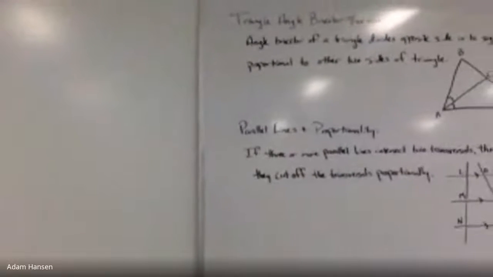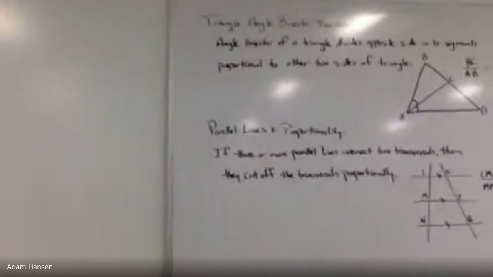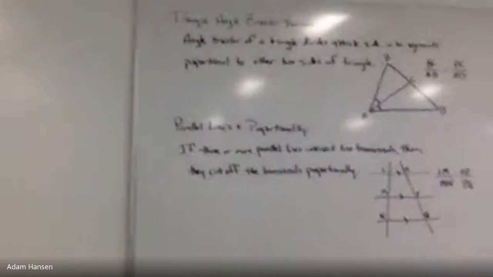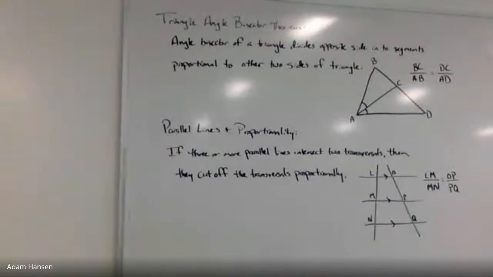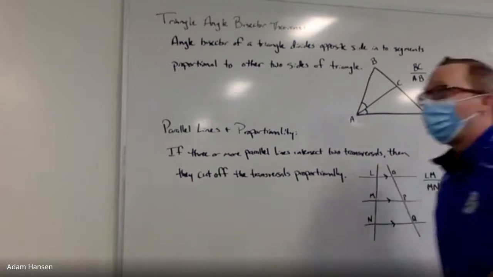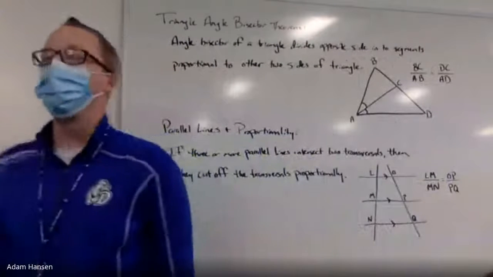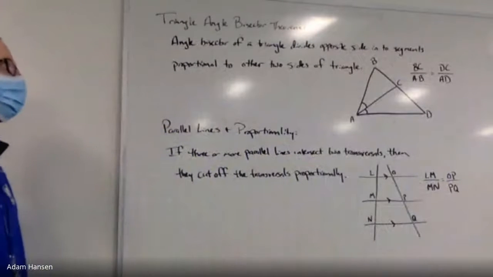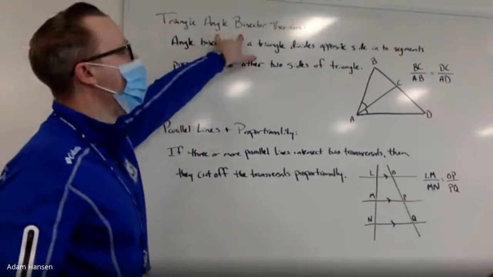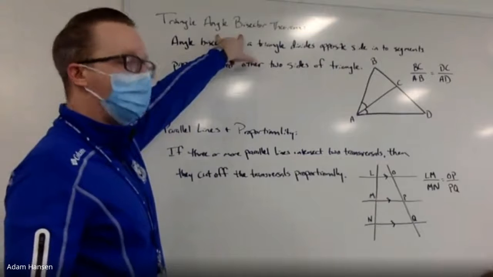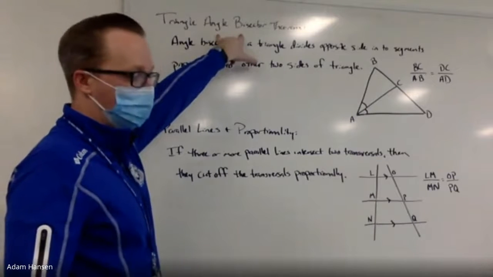We're going to look at proportional parts in triangles and parallel lines. So let's add this into our notes. First statement is what is called the triangle angle bisector theorem. To bisect an angle means to cut it in half, to make it into two equal pieces.